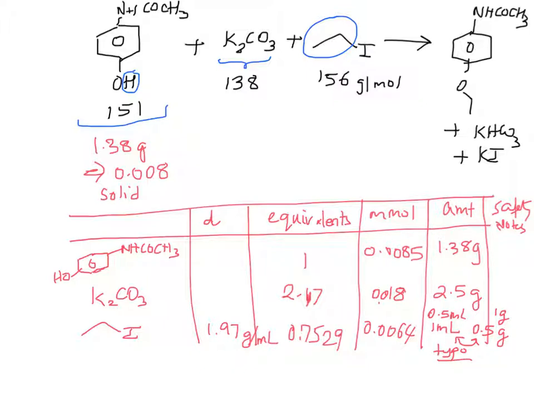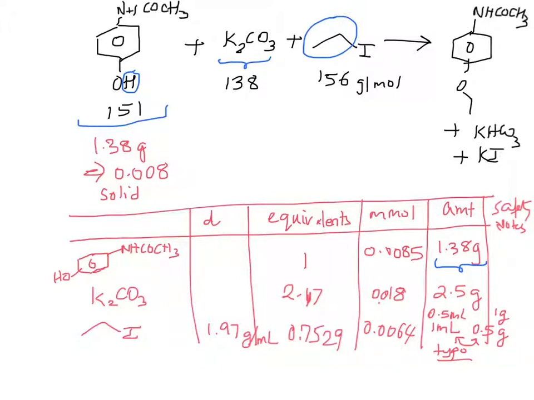Okay, so if you look at the procedure, it says there that you're supposed to use 1.38 grams or so. Since reactions always work in molar quantities, it's a good idea to determine the moles or millimoles, which is what we are doing here.